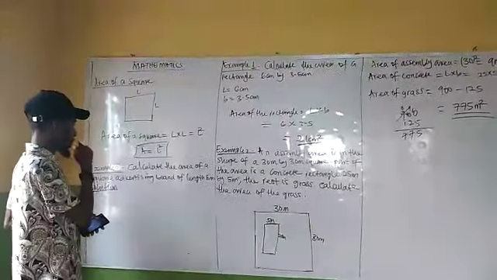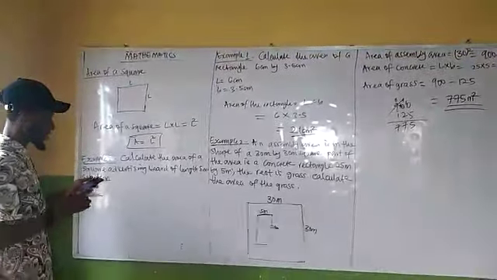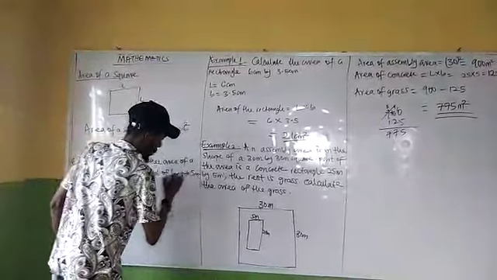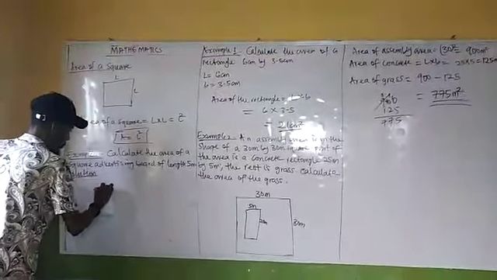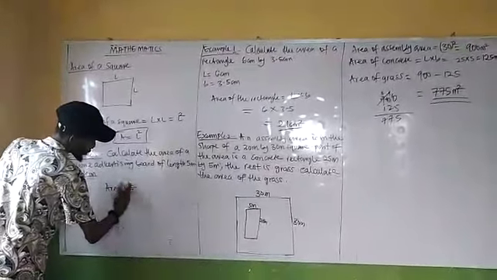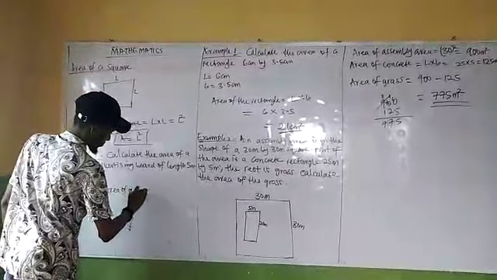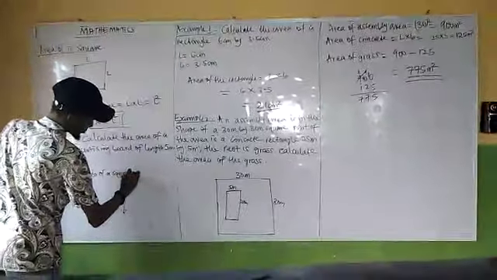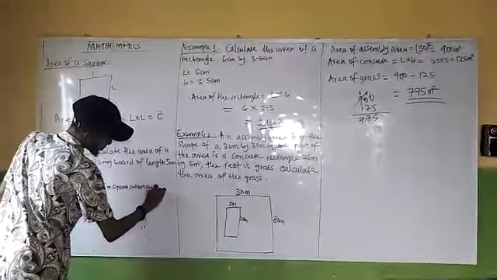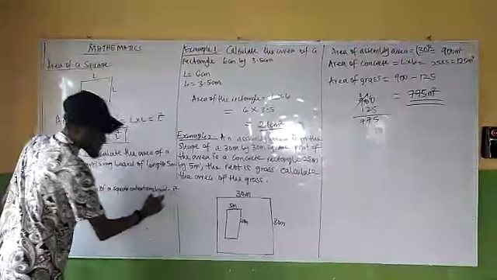So now they are asking us to calculate the area of that square advertising board, and the length of the square advertising board happens to be 5 meters. So hence, you say the area of a square advertising board will be L square. This is the formula we use.